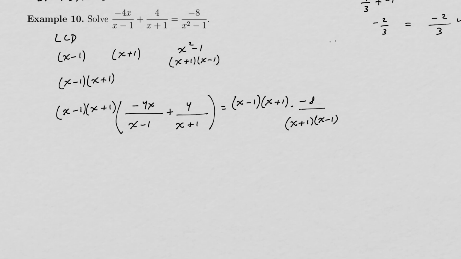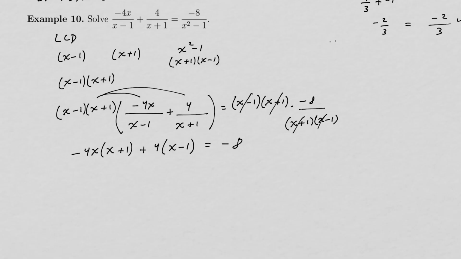So if I distribute this in the first case, the x minus 1s are going to cancel, and I have left negative 4x times x plus 1. When I multiply by the second case, the x plus 1s will cancel, and I'm going to have plus 4 times x minus 1. And on the right-hand side, the x plus 1, x minus 1 will both cancel, and I just have a negative 8.